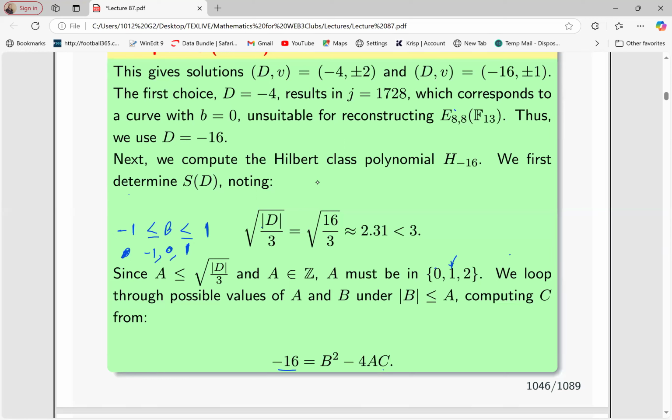We come back to this equation. I want to consider negative 1.